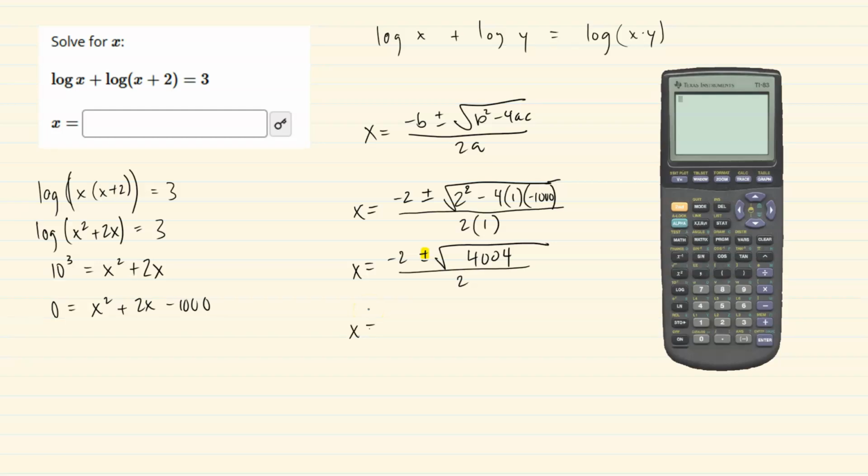So we have negative 2 plus the square root of 4004 over 2. Let's do that.